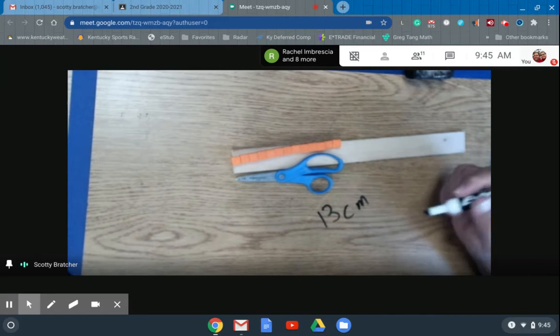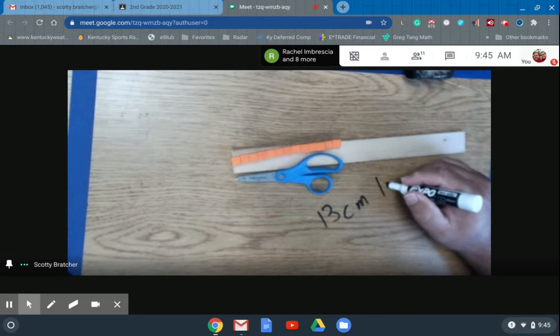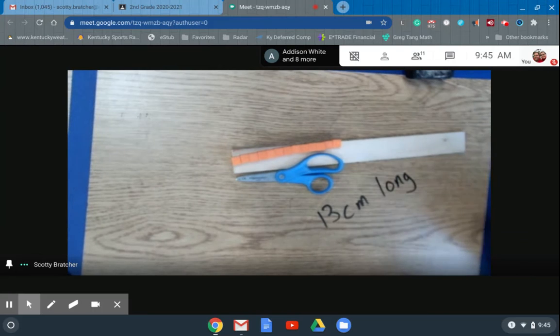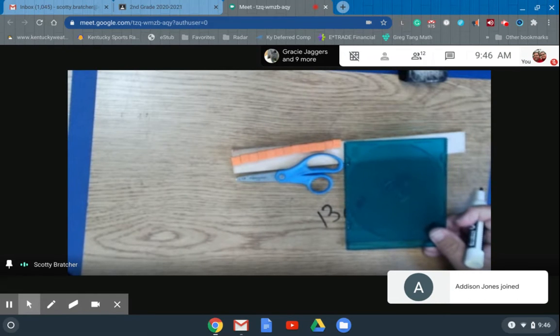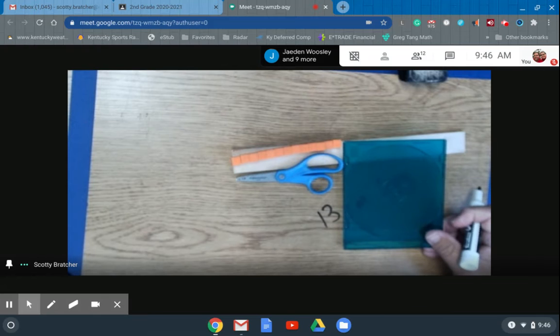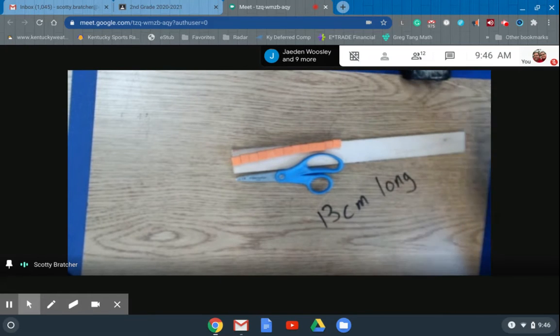It's cm. 13 centimeters long. All right. Am I right? Think about it. Have I forgot something? I haven't forgotten anything? Was it exactly 13? Uh-oh. What did I forget then?